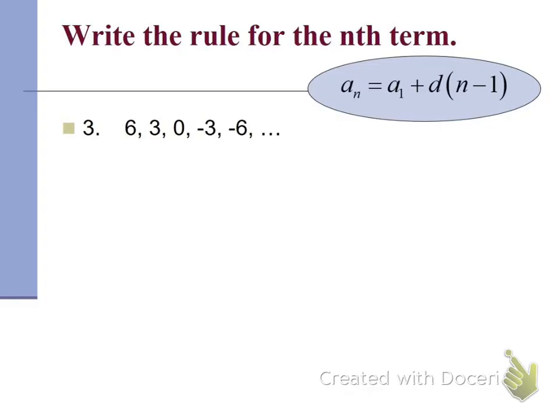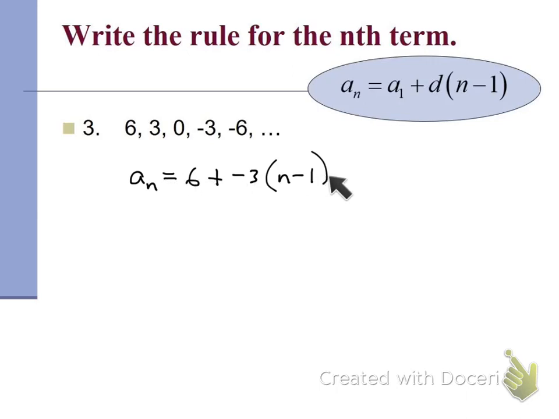So what if I ask you to write the rule for the nth term? Take this arithmetic sequence and write the rule. The rule is the formula that you can use every time, no matter where I am in my sequence. So the nth term would be the first term in this one, 6, plus, what's the difference? Negative 3 times n minus 1.